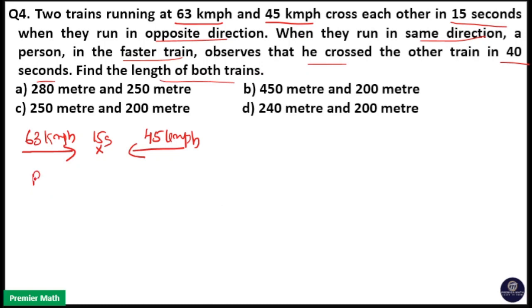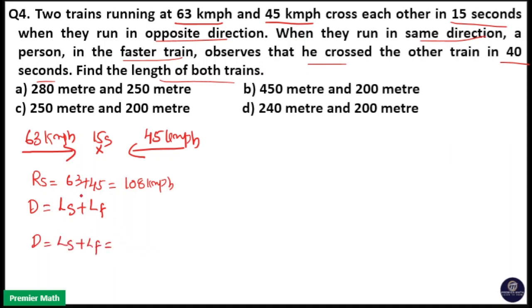Here relative speed is equal to, both are moving in opposite direction, so 63 plus 45, that is equal to 108 km per hour. Distance covered will be the length of the slower train plus the length of the faster train.